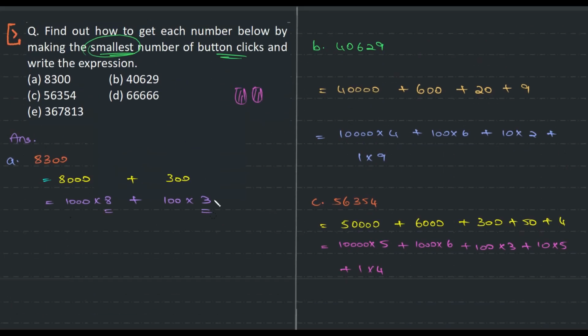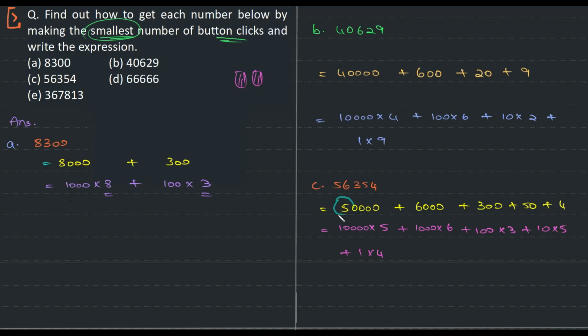So let me take up one more number. 50,000: 10,000 being clicked 5 times. 6,000: 1,000 being clicked 6 times. 300: 100 being clicked 3 times. 50: 10 being clicked 5 times. 4: 1 being clicked 4 times. 40,000: 10,000 being clicked 4 times. 600: 100 being clicked 6 times. 20: 10 being clicked 2 times. 9: 1 being clicked 9 times. Does it make sense?